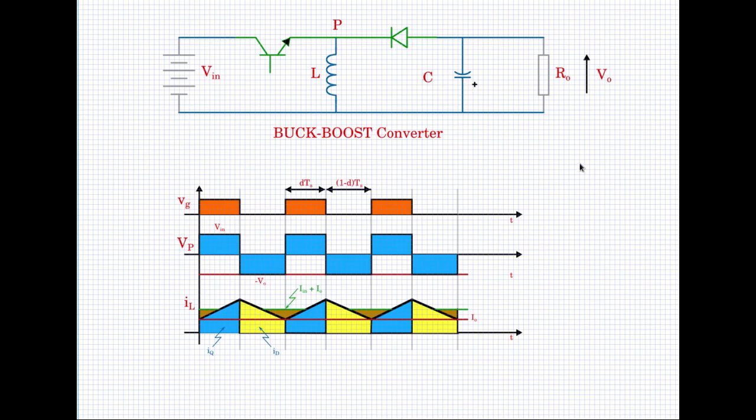I will also put the simulation circuits up for practice, so that you can practice the simulation and see the waveforms. Do the simulation of all three converters and look at the pole voltage waveform and the inductor current waveform, not only for the buck converter which we did in the class, but even for the boost and the buck boost converter.